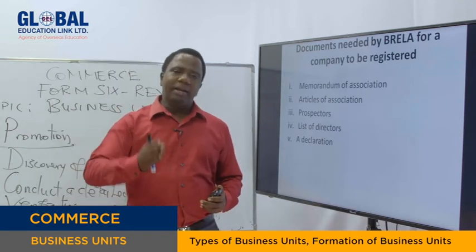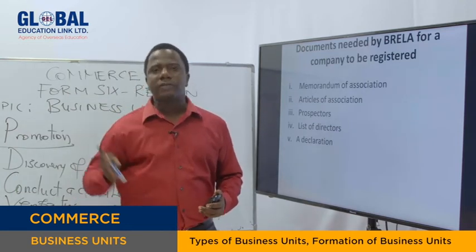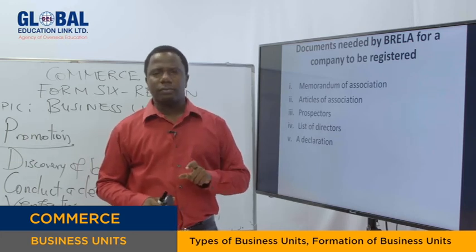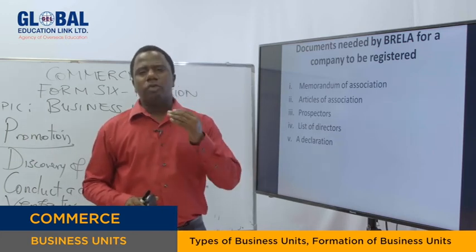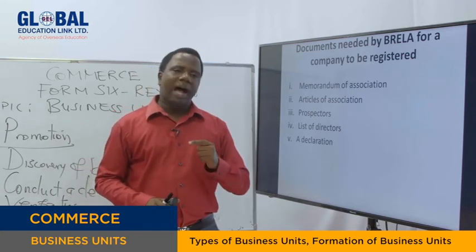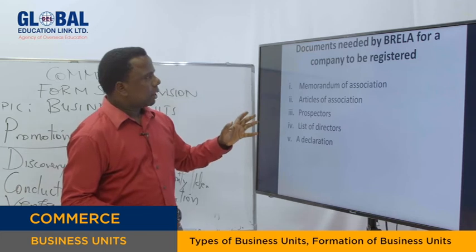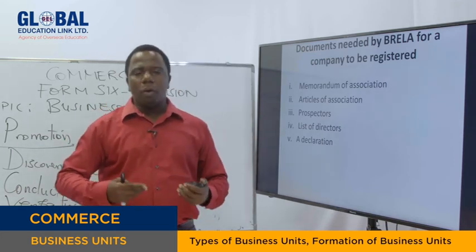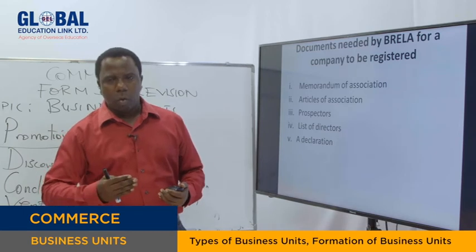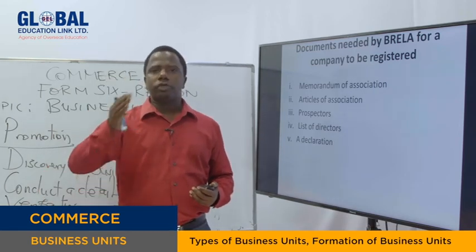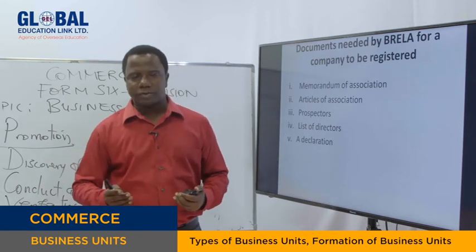When a company needs to be registered, it must have necessary documents. And these are the documents which will be required by BRELA. Now BRELA is the one which deals with registration of companies.